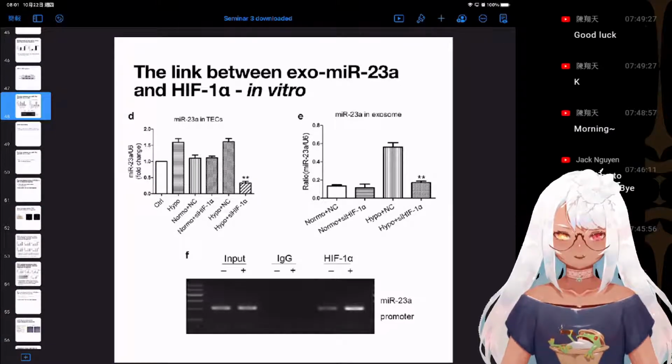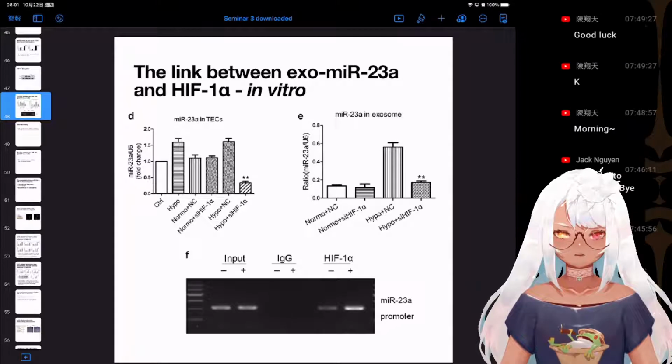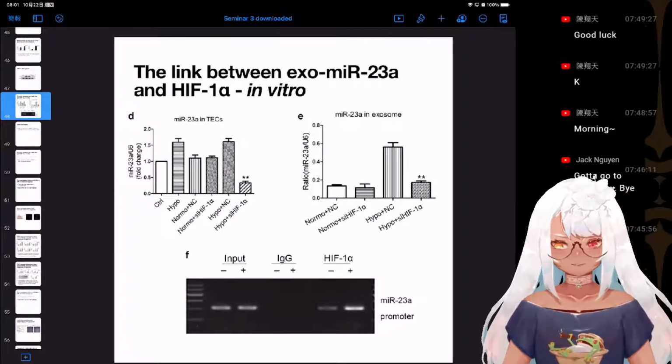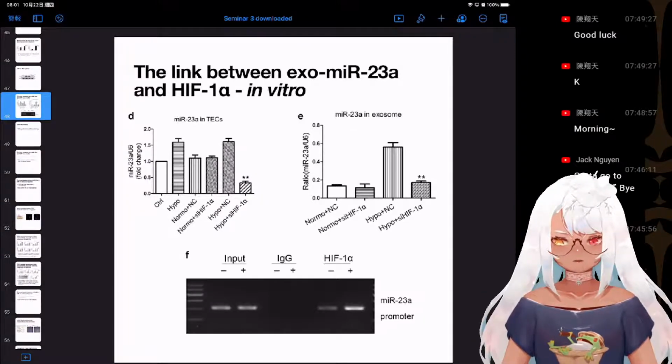So the author also used chromatin immunoprecipitation to check whether there is a direct interaction between HIF1 alpha and the promoter.